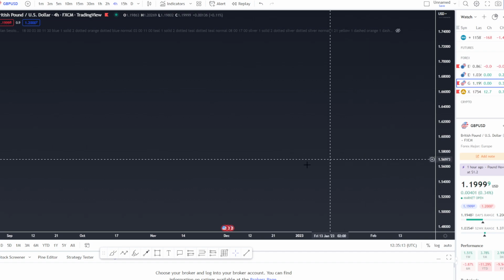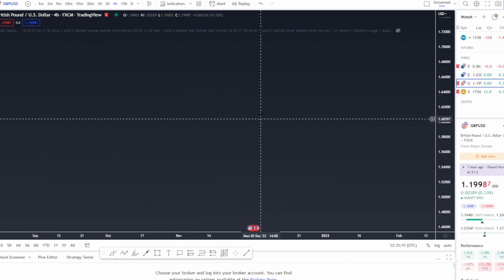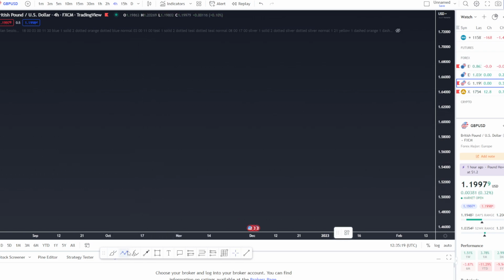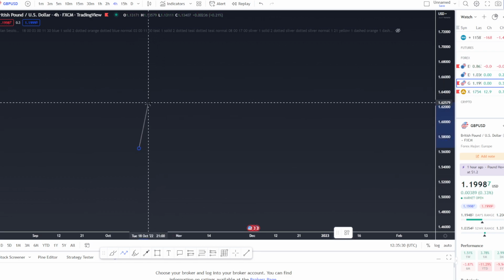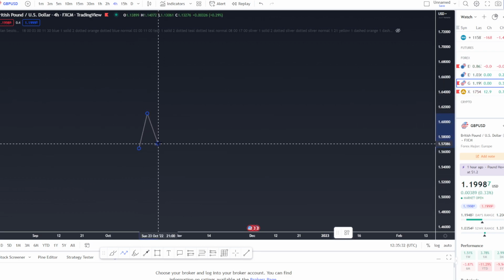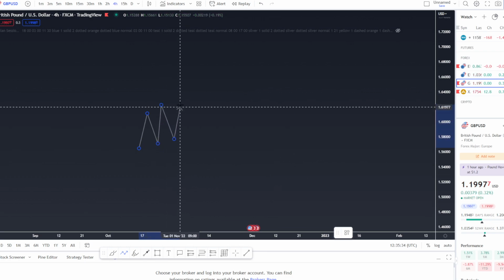So if we start here and I draw something out using the path tool, just to explain a few things that we're going to be going through and breaking down. If I just do this, quite simple, just mark out some higher highs and higher lows.